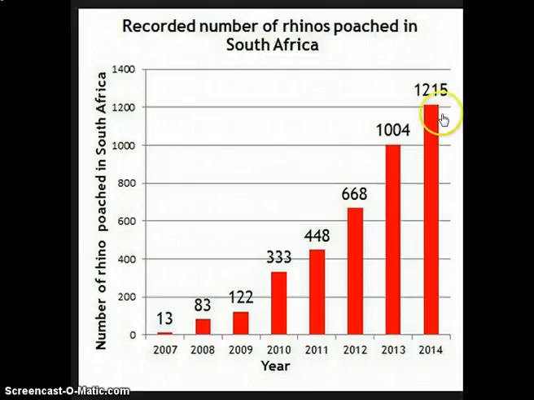Even in South Africa, which is highly developed for Africa, you're seeing this huge increase at a very high rate that the rhino population cannot keep going through before they become extinct very soon. And people do this because there's others willing to pay a lot of money for it. So the best way that we can bring it down is education and support of those national parks that try to protect them.